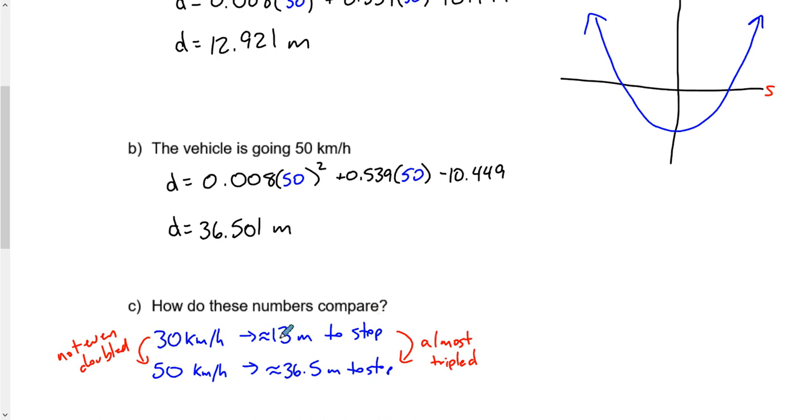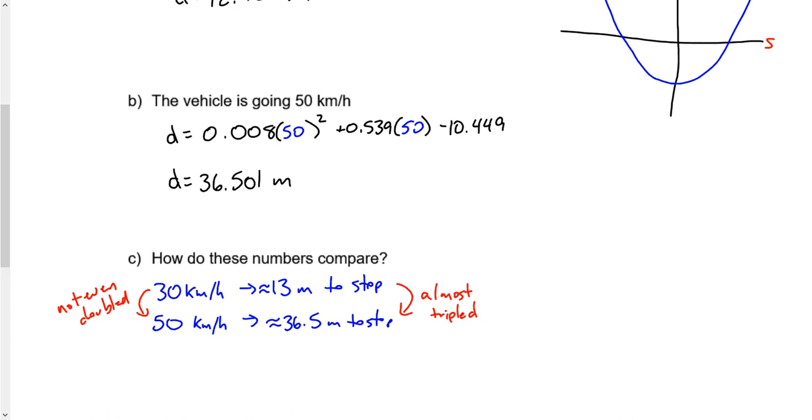For this exact reason, our speed limit in school zones in small towns is 30 kilometers per hour. 13 meters to stop, and again, that's ideal situations. Most of our school year, though, is in winter driving conditions.